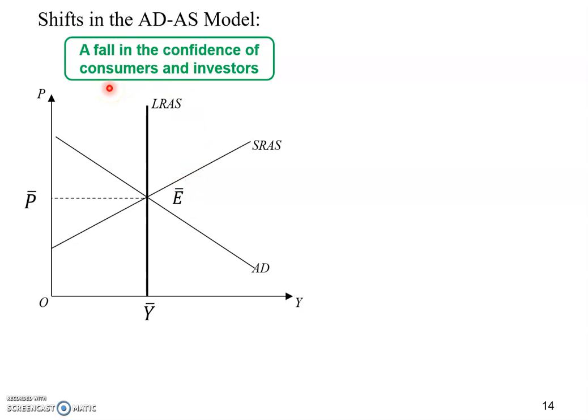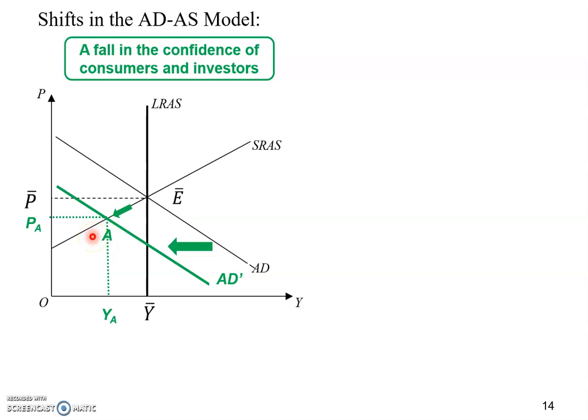The fall in the confidence of consumers and investors, as we said, leads to a leftward shift of the aggregate demand curve. So we find that the equilibrium moves from E bar to A, the new intersection between the AD prime and the SRAS.